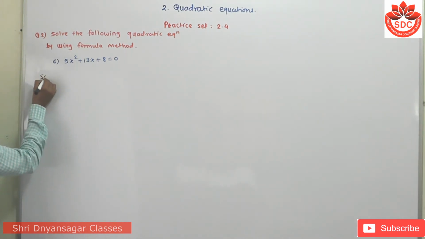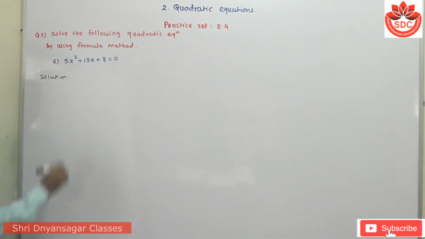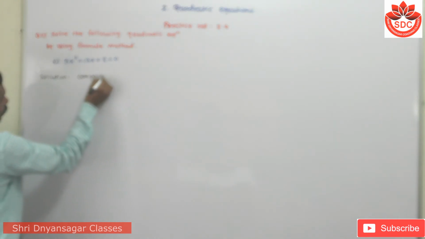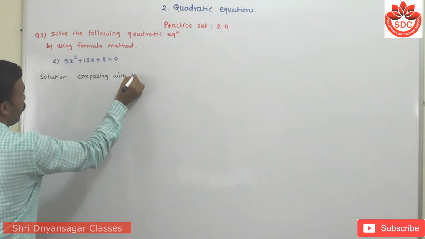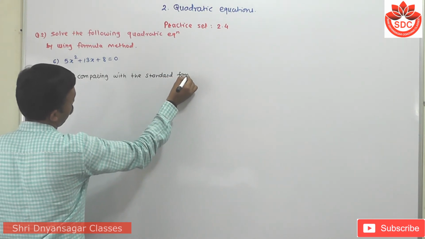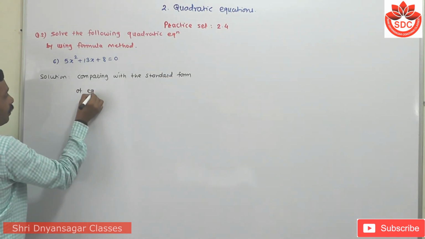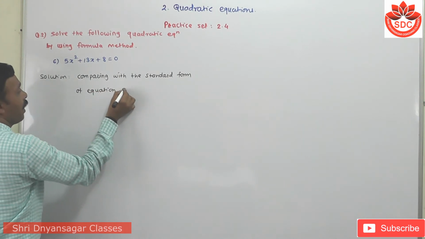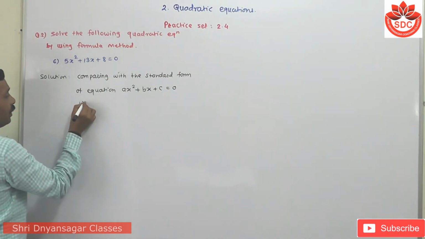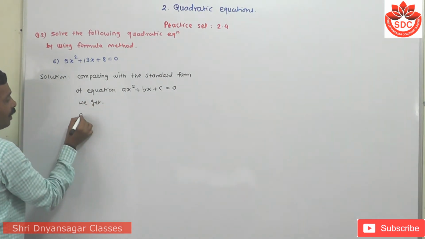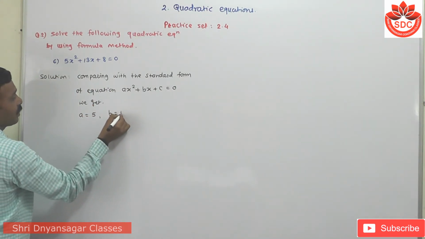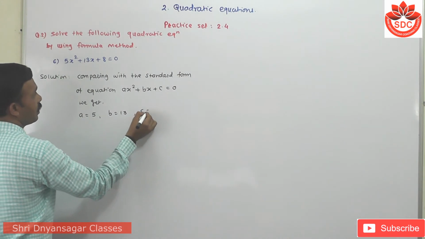Now its solution is, student, already the given equation is standard form, so that comparing with the standard form of equation ax square plus bx plus c is equals to 0, we get the value of a is, when we comparing this, a is 5, b is 13 and c is equals to how much?